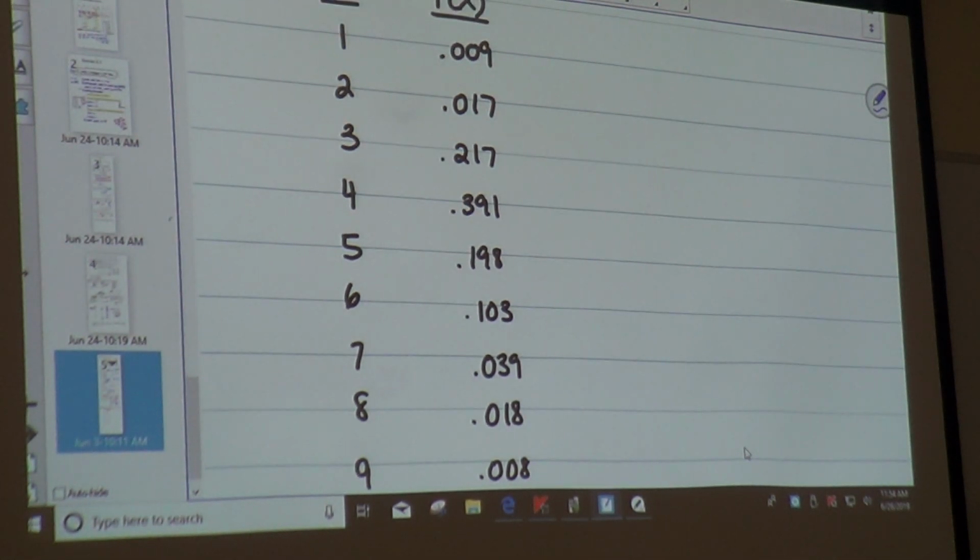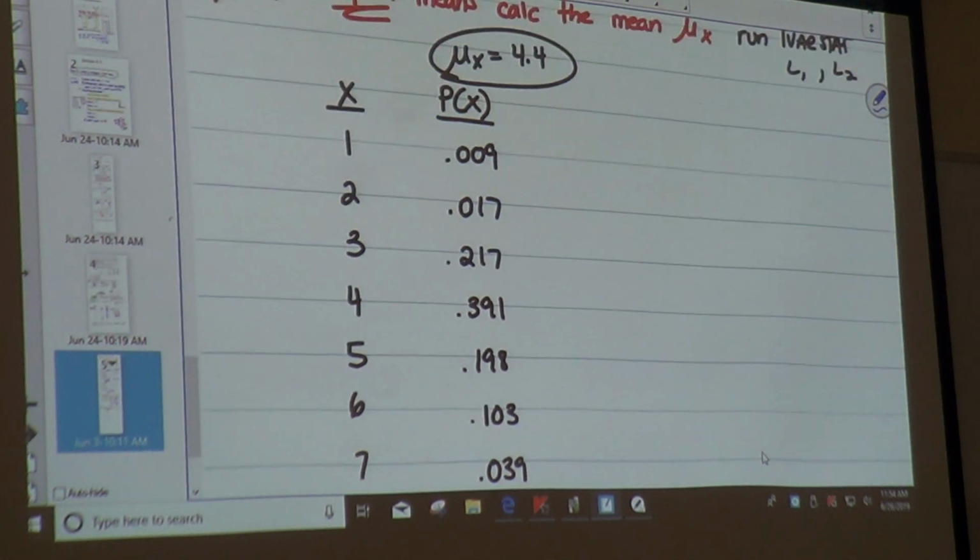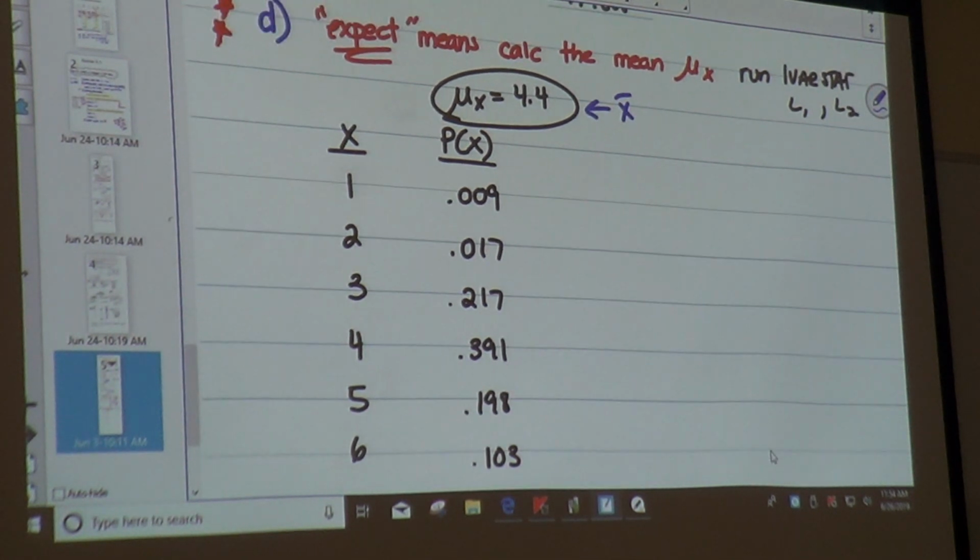So there's all my data, my L1 and my L2. I don't need to look at the window, I don't need to draw a histogram because they already gave me the graph. The only thing I'm looking for is that mean. And this is the same thing as my X bar.